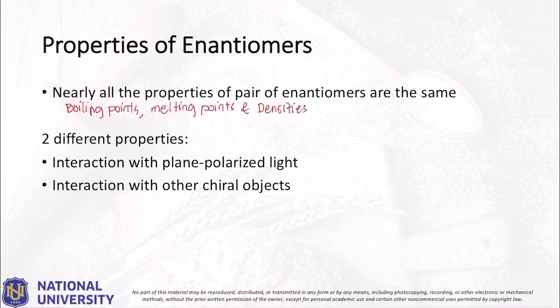No, because these properties depend on the strength of intermolecular forces, and intermolecular forces strength does not depend on chirality. Meaning, pare-pareho naman sila ng pagkakabond, iba lang doon sa arrangement ng OH. No, doon sa nagkaroon lang ng mirror image, nagkabaliktad lang. So, same pa rin yung bonding, kaya pareho sila ng boiling point, melting point, and densities.